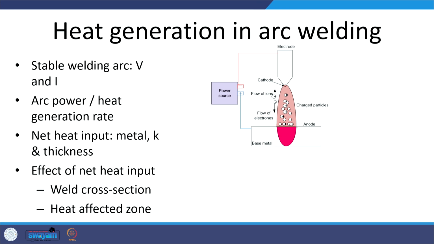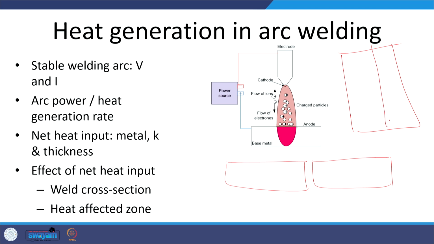Okay. So, what is the effect of the net heat input? Let us take this example. If our heat source is being moved very slowly, then the shape of the pool will be close to that of a circle.